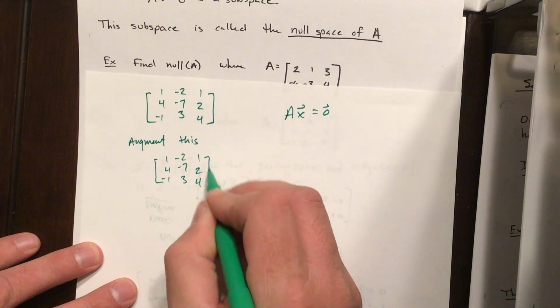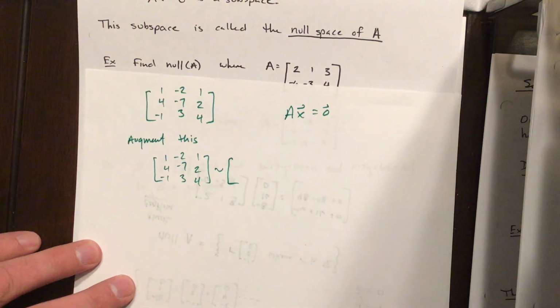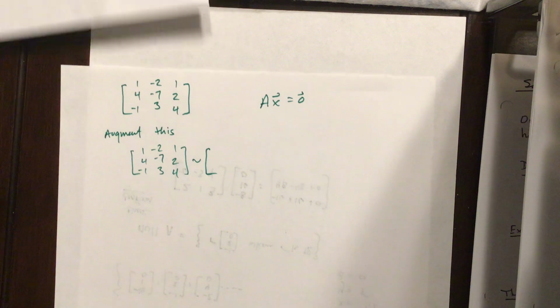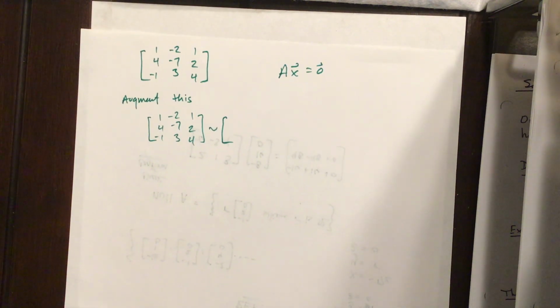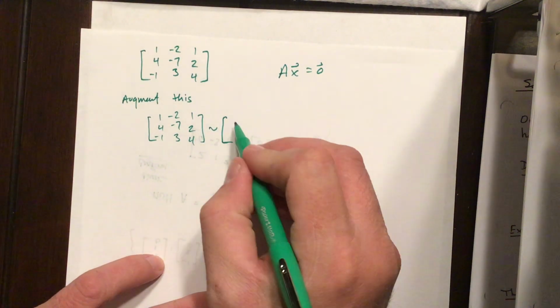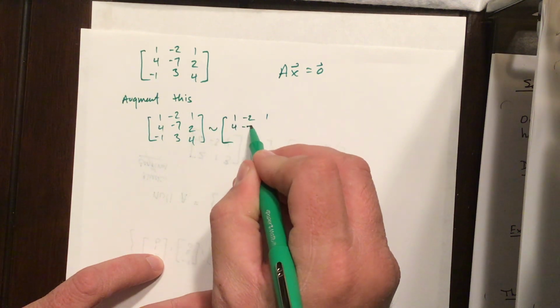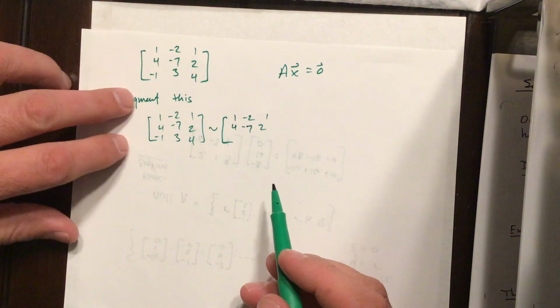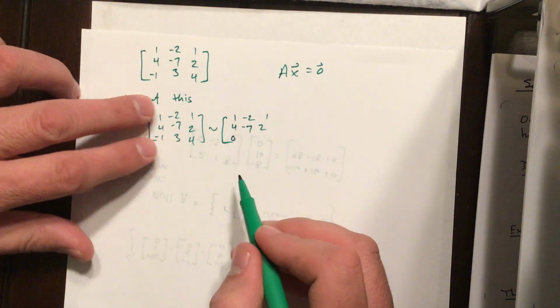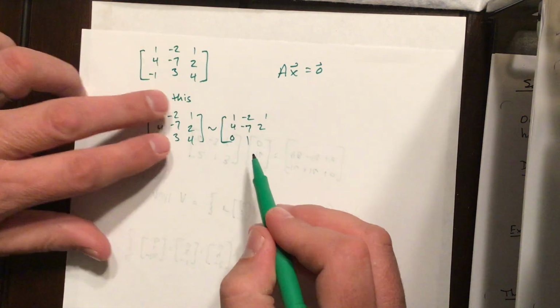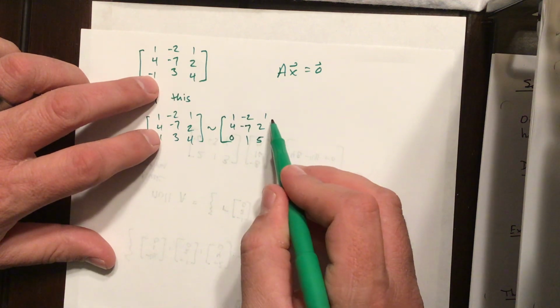Again, I'm trying to streamline the process a little bit because nobody wants to be doing this for days. And let's do some row reduction. Let's add rows 1 and 3 together. You get 0. You add that, you get 1. You add that, you get 5.